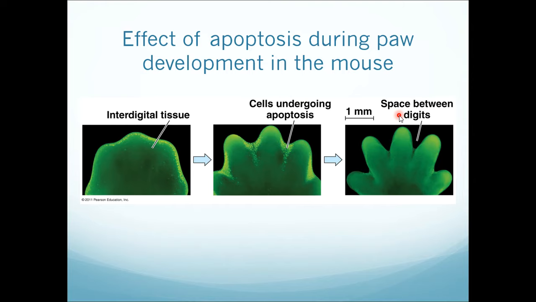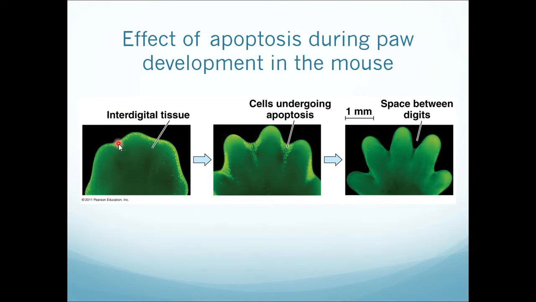Sometimes this will be, as I said, necessary for growth and development. Here I have the early embryo tissue of a mouse, and this is the tissue of the hand or the paw. You can see it's wider, more solid almost, right here, here, and here.